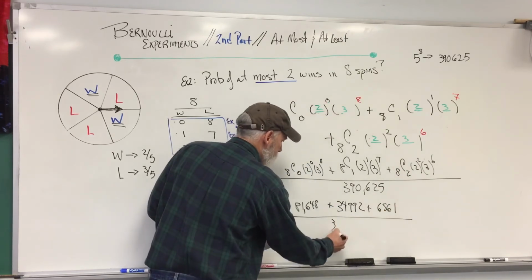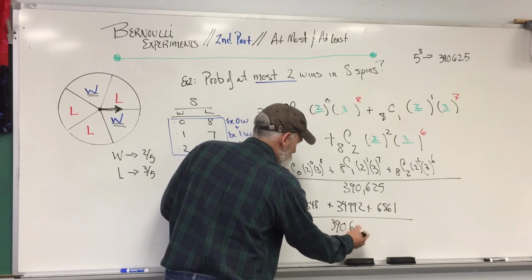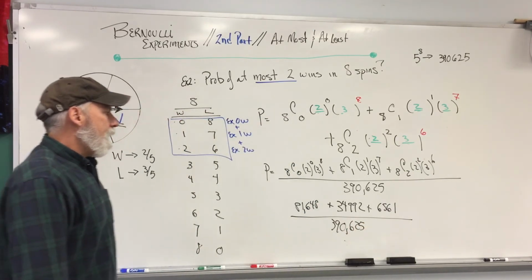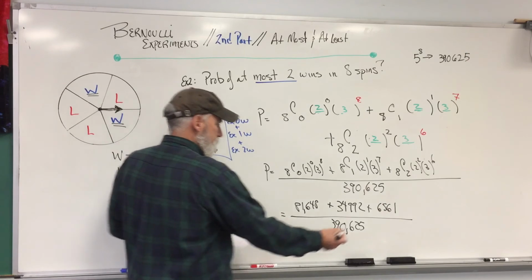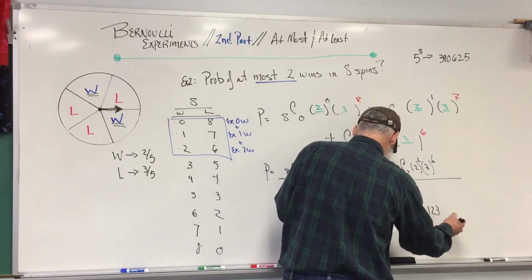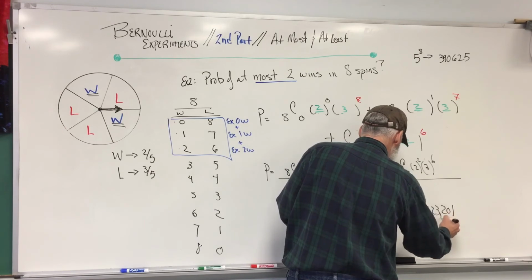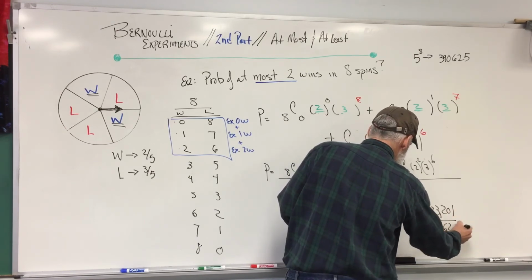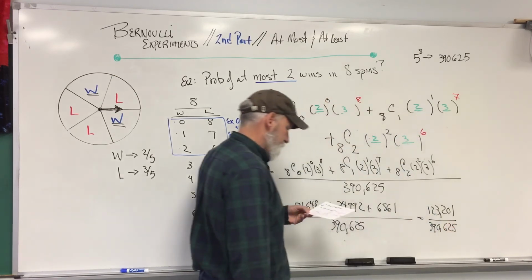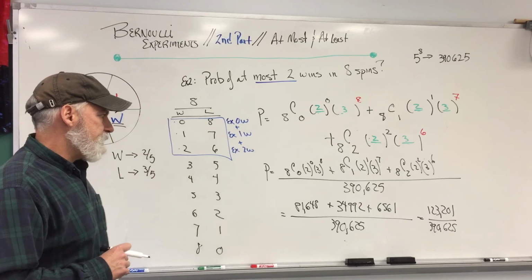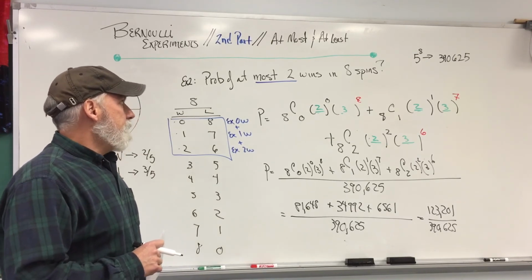Rather than going back and typing the entire thing in, we like to use the edit. Okay? And that turned out to be, when you put it all together, 123,201 all over 390,625, and the decimal there, I don't think I did it, but it looks like it's less than a third, because 130,000 would be a third roughly.